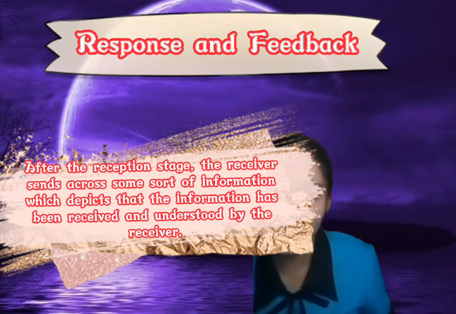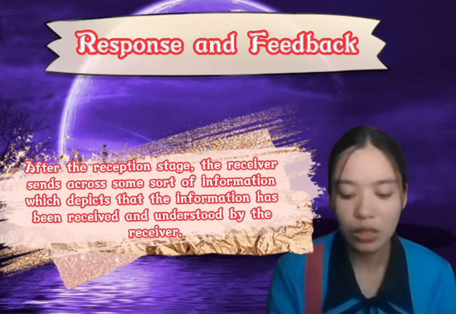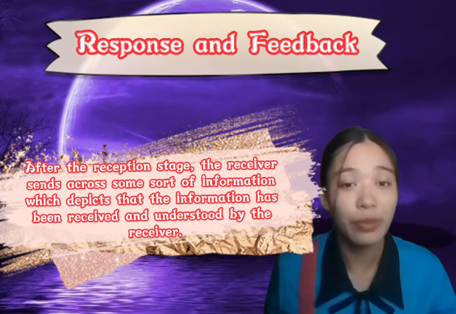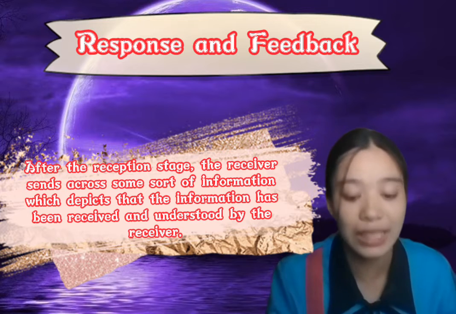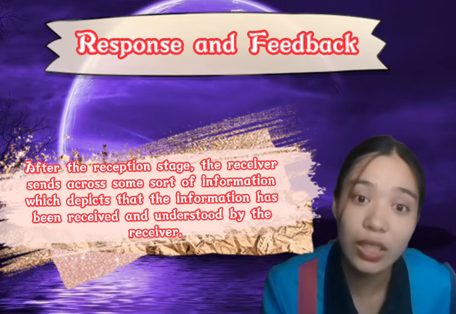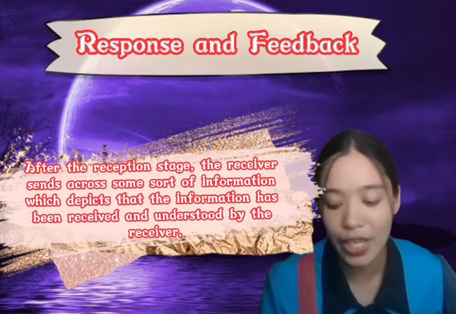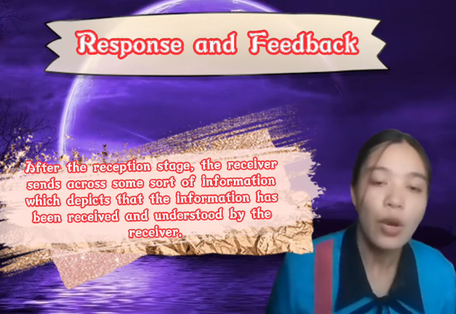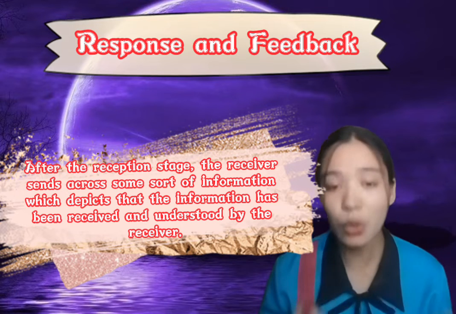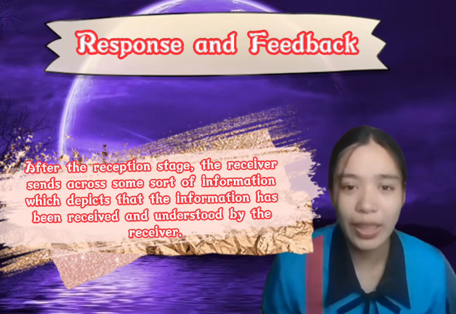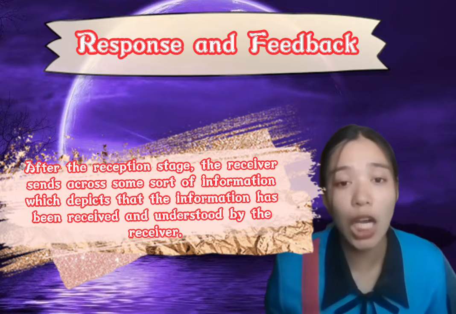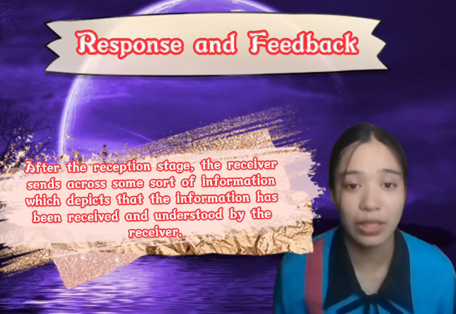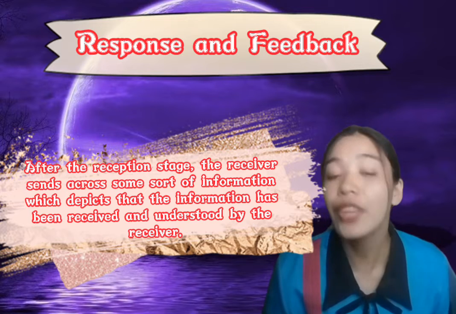It shows that when the receiver gives a feedback or response, the receiver really understood the process of encoding and reception, and also understood the main point of the sender. So it takes place when it is properly understood.